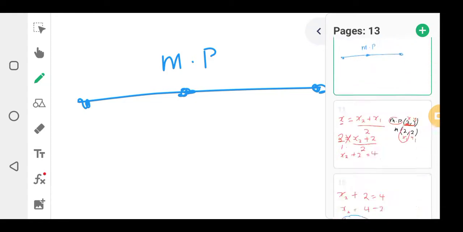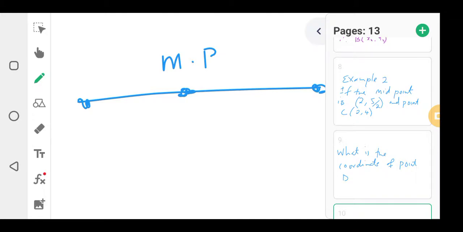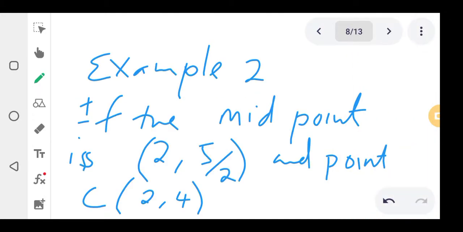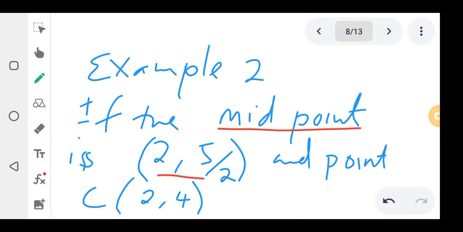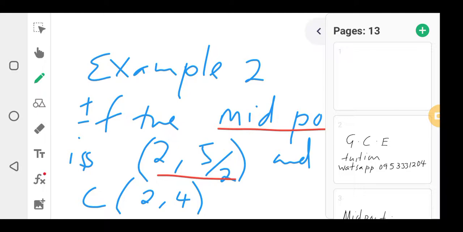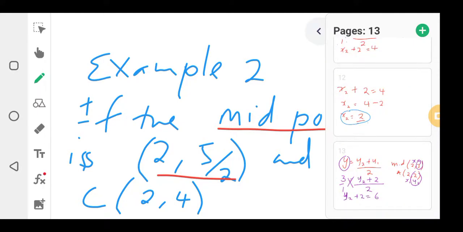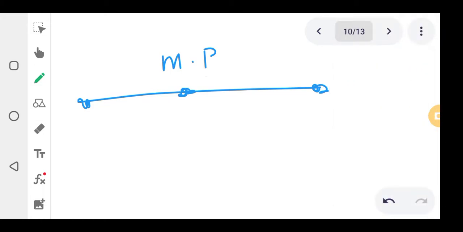So the midpoint for this question is 2 comma 5 over 2 in close brackets.